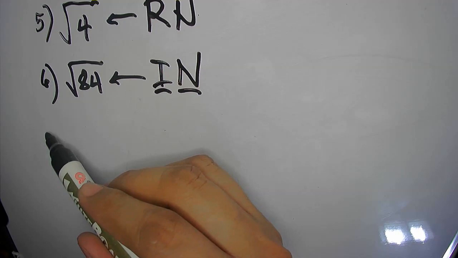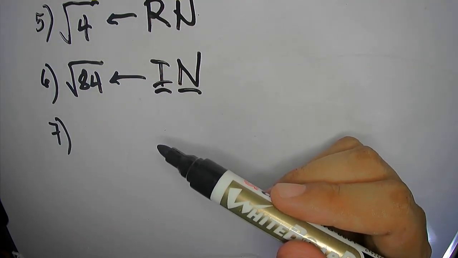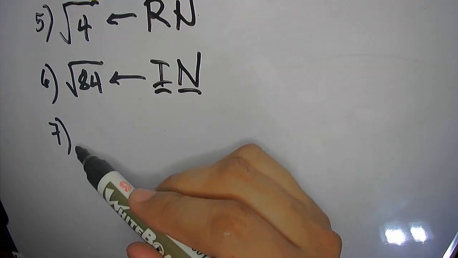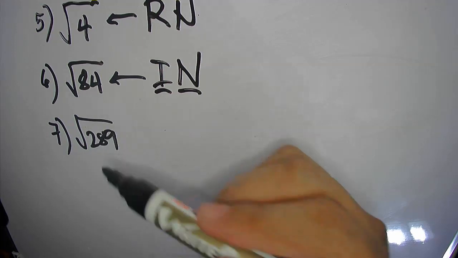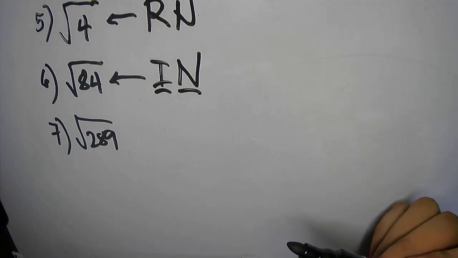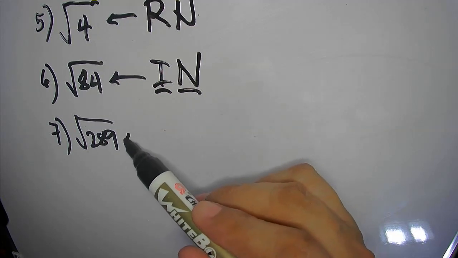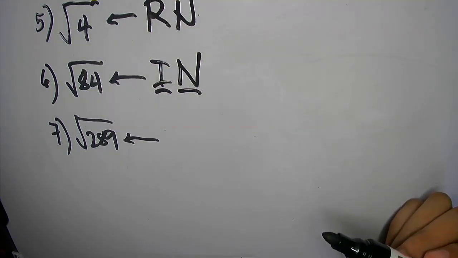So, number 7. Let's have number 7. Say, square root of 289. So, rational ba siya or irrational number? Okay?